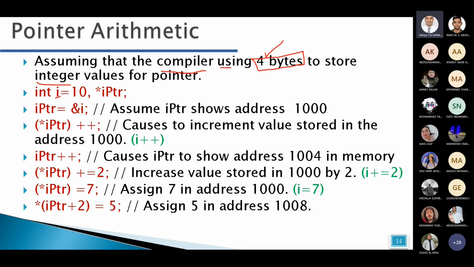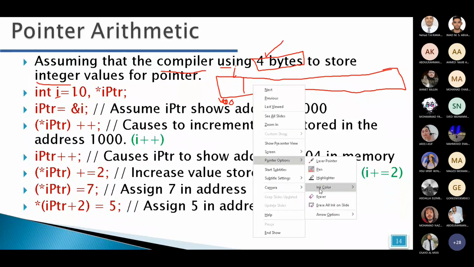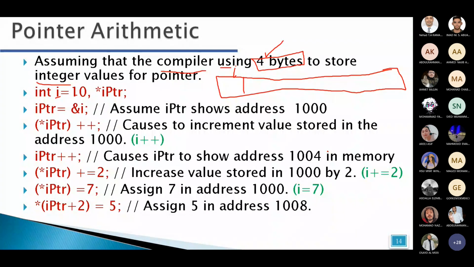Okay, we have integer I with value 10. So imagine that in the memory, we have integer I and its address as 1000, just as an example, and its value 10.